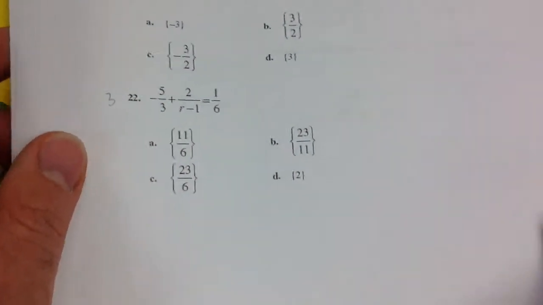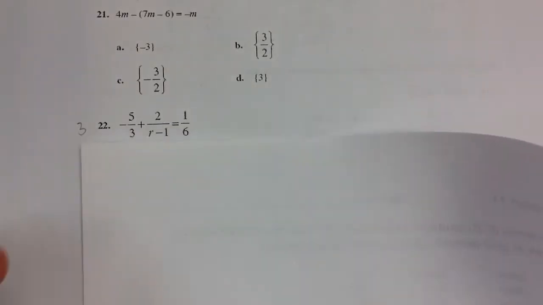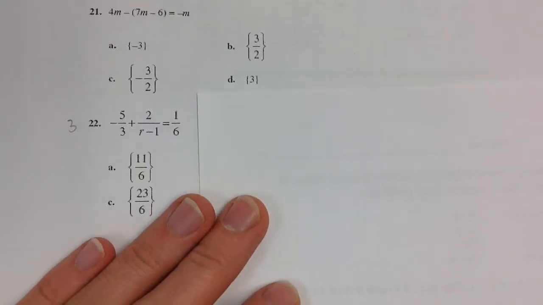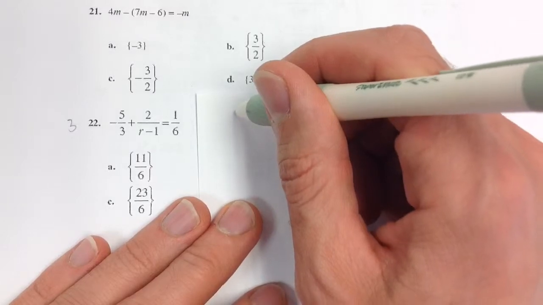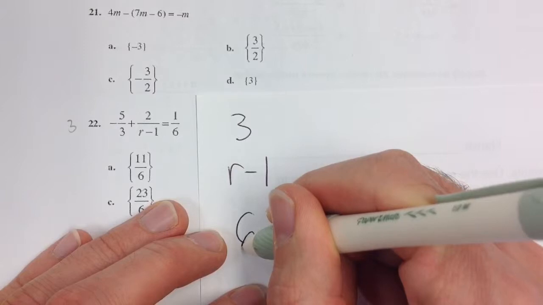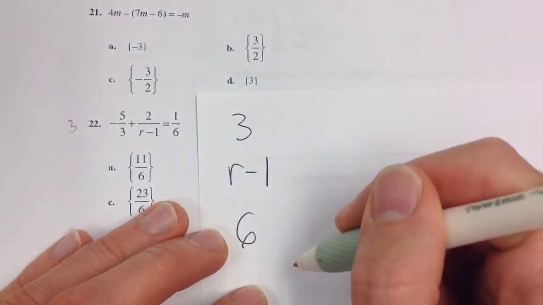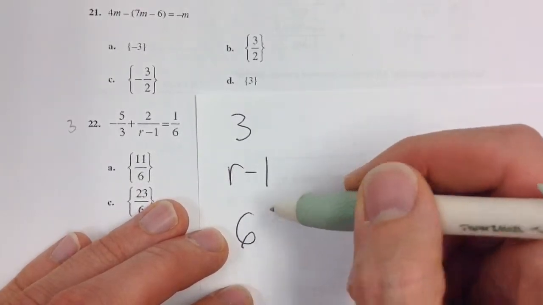Next one, 22. Adding fractions with unlike denominators. What do I need to do? Find a common denominator. Very good. So our denominators are 3, r minus 1, and 6. We have to find the smallest number that is a multiple of 3, r minus 1, and 6.